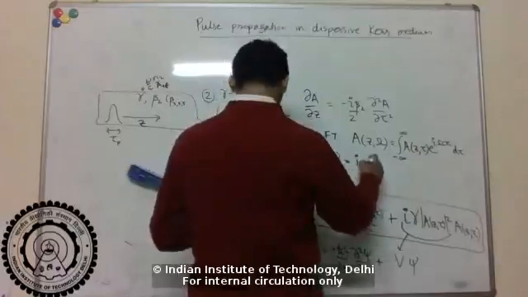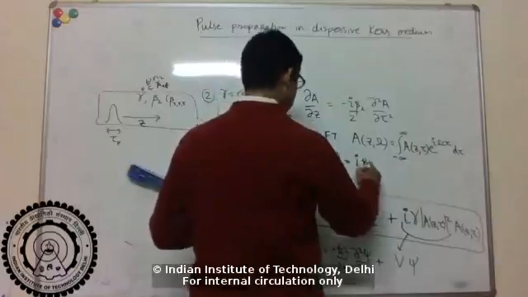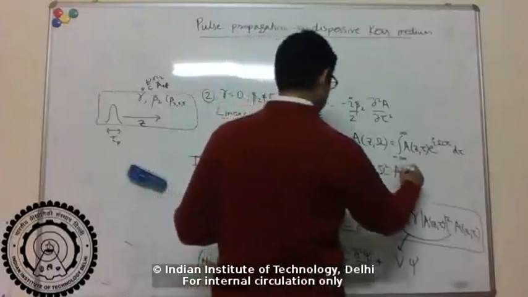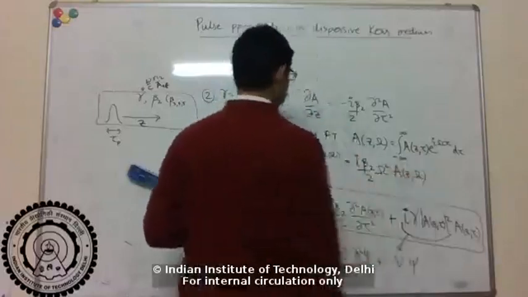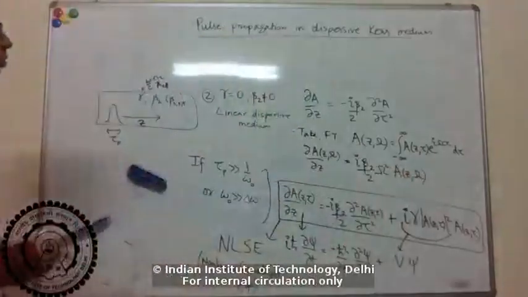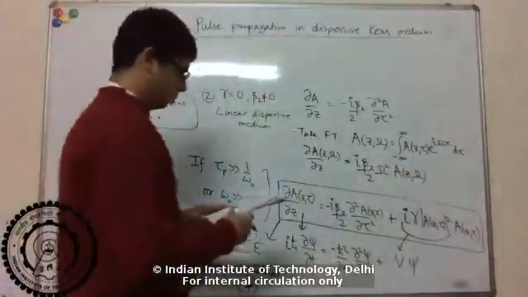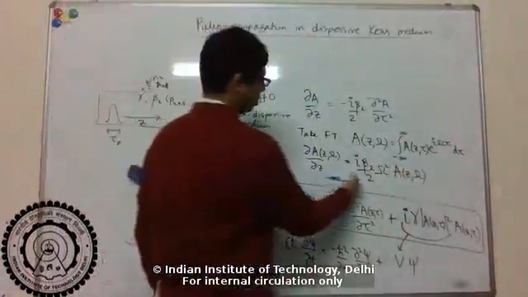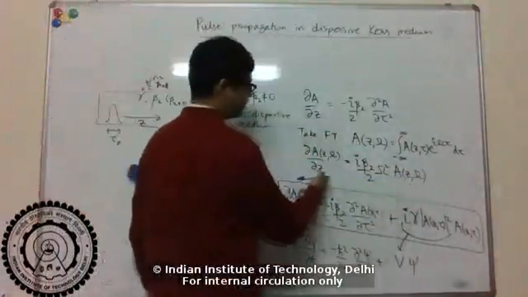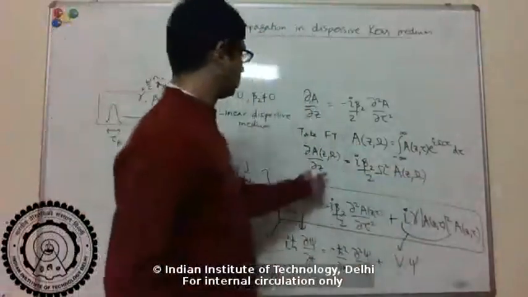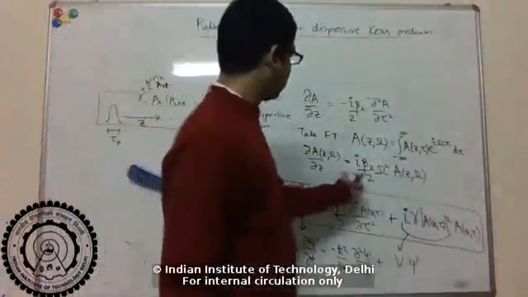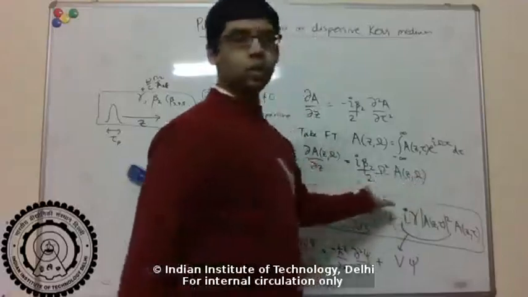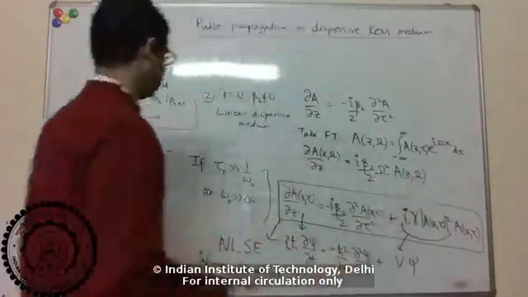So this becomes... okay. Now this equation is very simple to solve, right? I have dA by dz equal to some constant times A. So I know it's a straightforward solution.